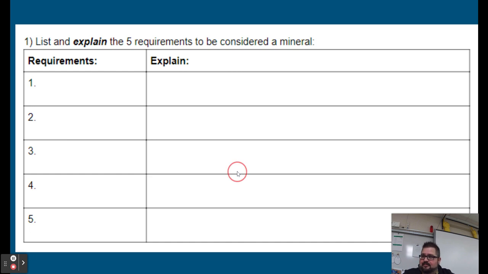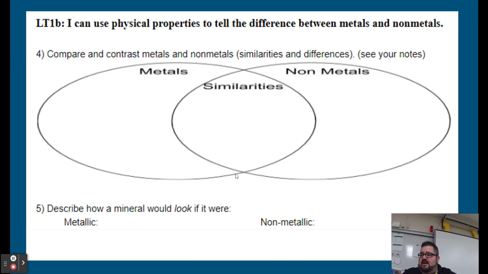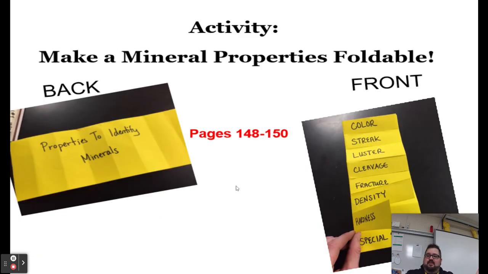We can do a Venn diagram contrasting metals and nonmetals and similarities. And then we also have the flip chart if you did not finish the flip chart. So we'll start the hour with dichotomous keys, and then we'll end the hour with some work time to get caught up on everything so that we can hit the ground running tomorrow when we start our mineral testing. Other than that, take care.